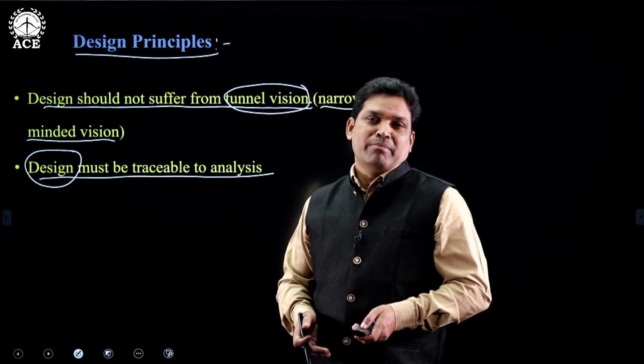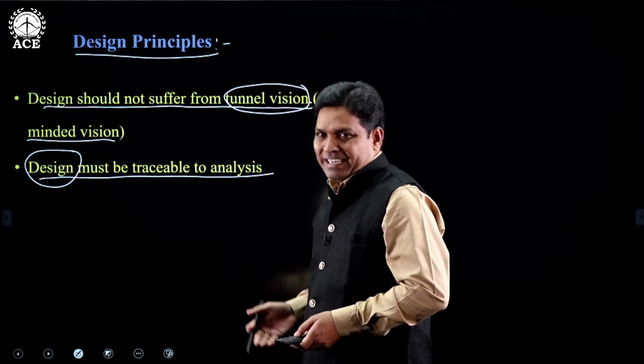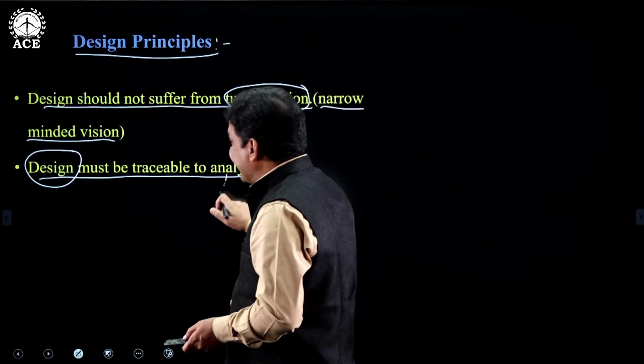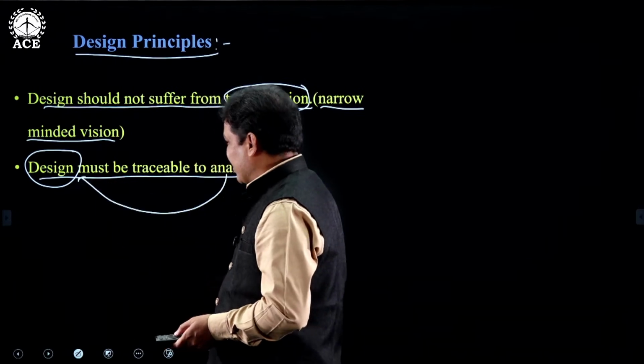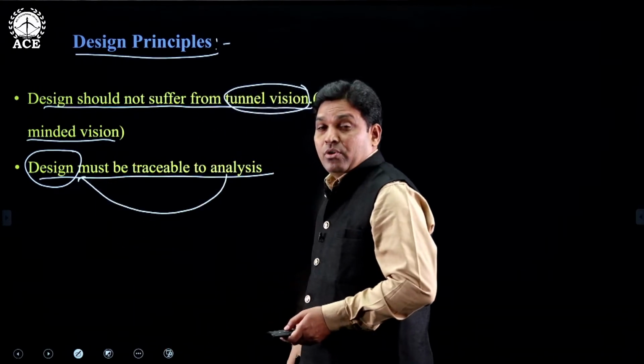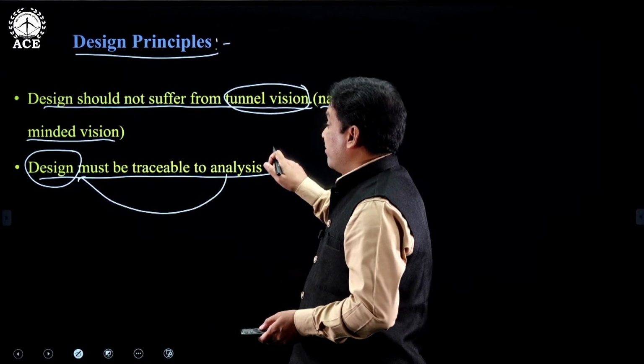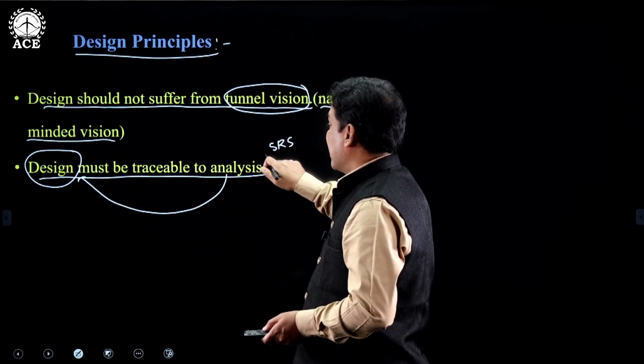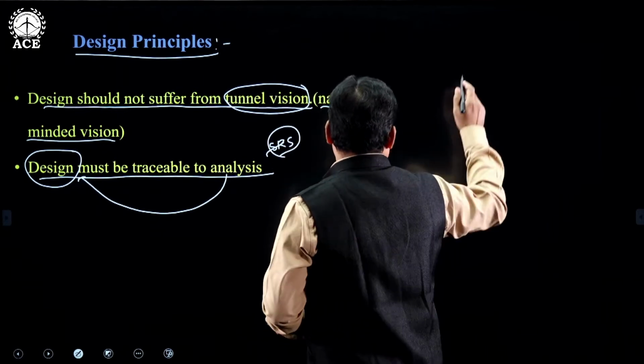The second phase is requirements and analysis. The third phase is design. That means design should take place from requirements and analysis only. After analysis, which document will be prepared? The SRS document, the software requirement specification document.